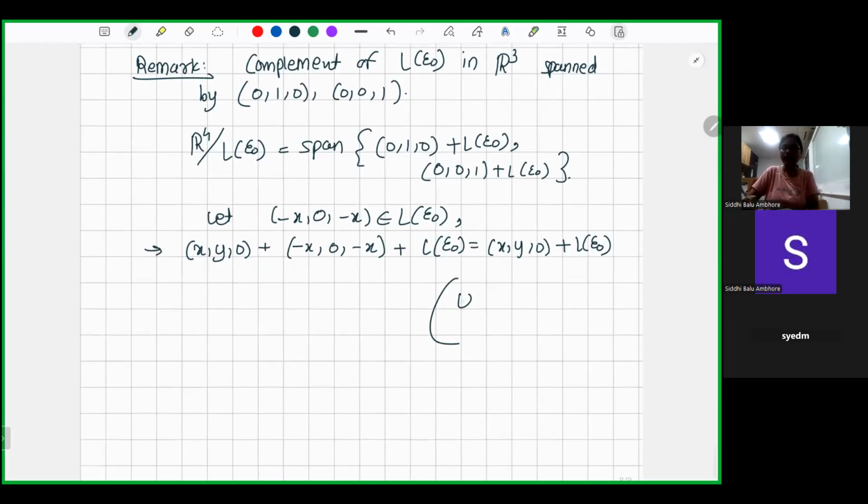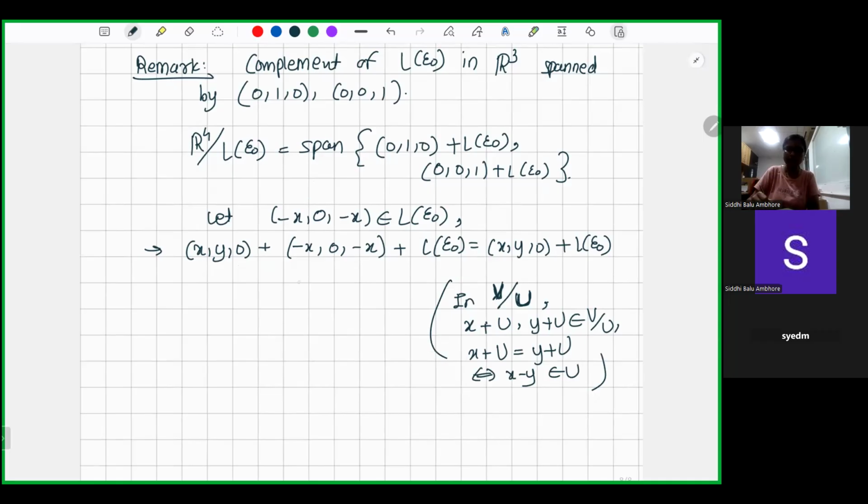So in V quotiented by U, we say that x plus U is equal to y plus U if and only if x minus y belongs to U, right?